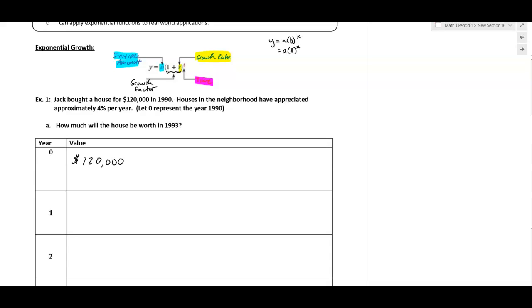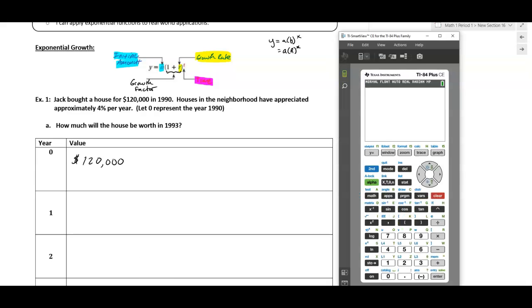So what we're going to do is the long way, and then we're going to break it down to the shortcut. Anytime you calculate with percents, you have to convert a percent to a decimal. You can either move the decimal two places to the left, or take the percent divided by 100.